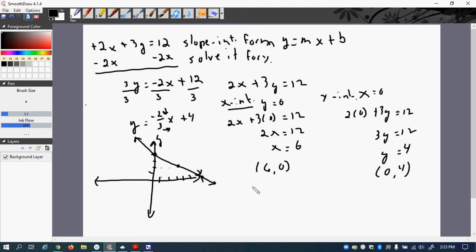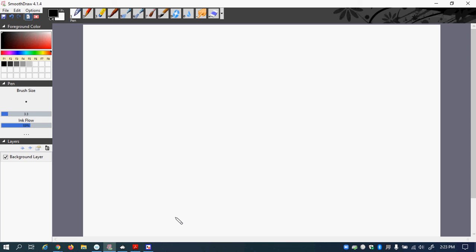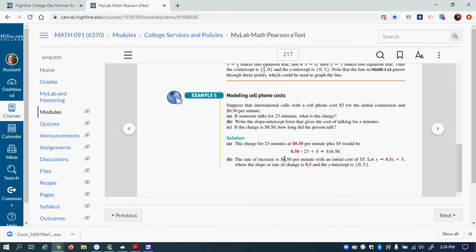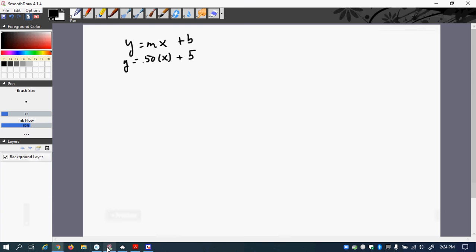So if we go back to the screen, my slope-intercept form, I know that this is 5 and then this is 50 cents times x, which gives me the y. So this gives me my equation right away. And then I can answer their first part question, which was, what would be the cost after 23 minutes?